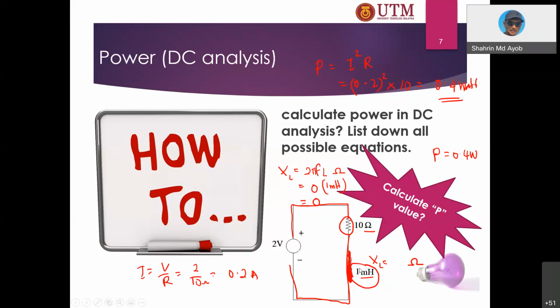Please bear in mind for a DC circuit, your inductor will always be a short circuit, and the capacitor will be an open circuit. I hope you can get this one.